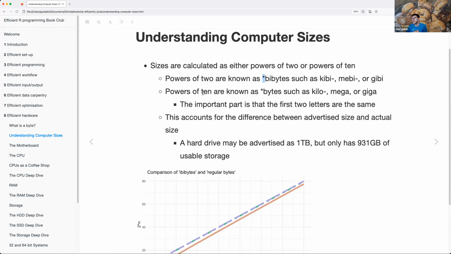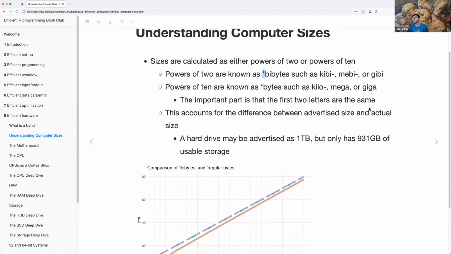And then the powers of 10, which we use much more frequently, I call them regular bytes. And they're such as kilobytes, megabytes, or gigabytes. And the important part is that the first 2 letters are the same. It's sort of how you can keep track without needing to know the actual sizes and differences.